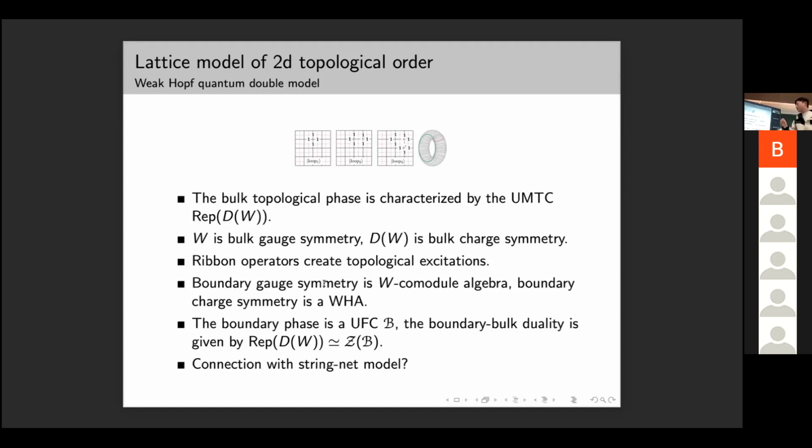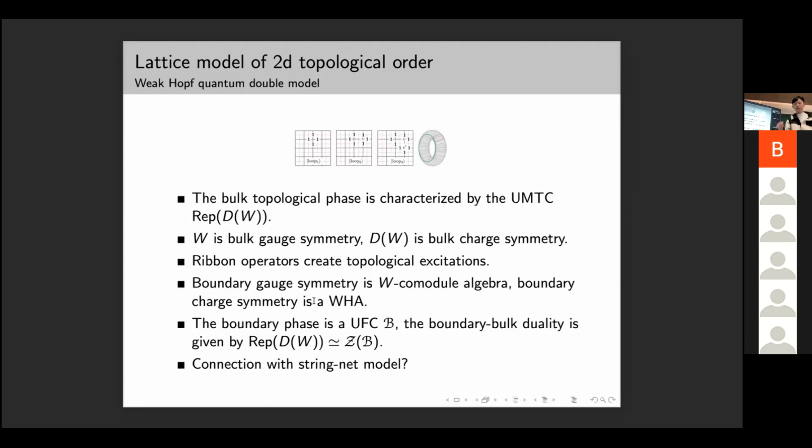Another thing that we can consider is the gapped boundary theory of this quantum double model. The gapped boundary model is a 1D phase. This 1D phase is characterized by a W comodular algebra. I did not write it here, but we can regard the gauge symmetry of this 1D gapped boundary as a W comodular algebra.